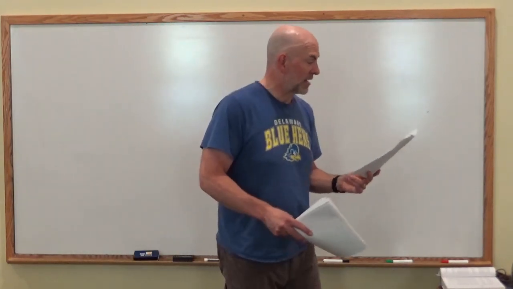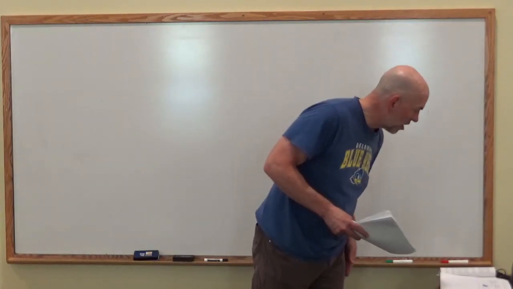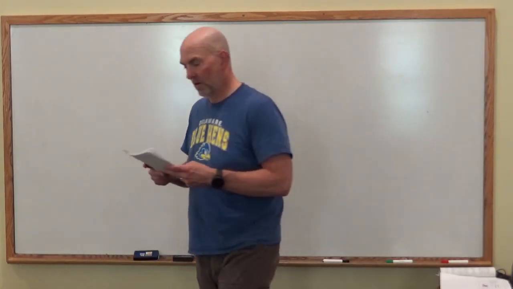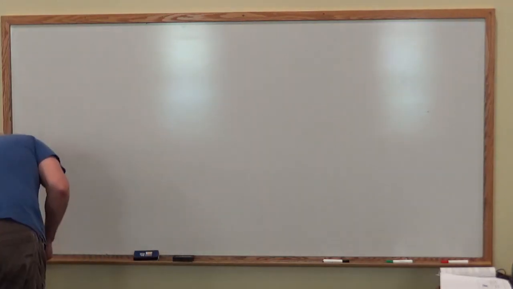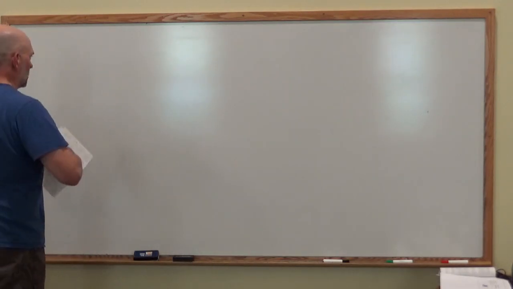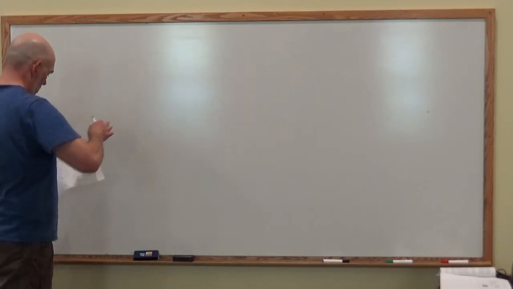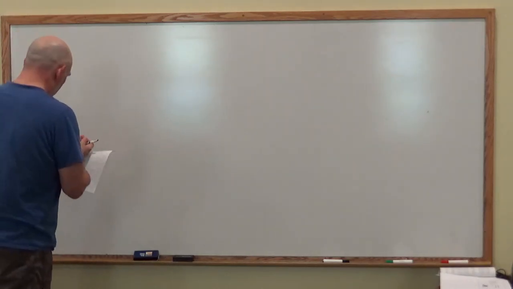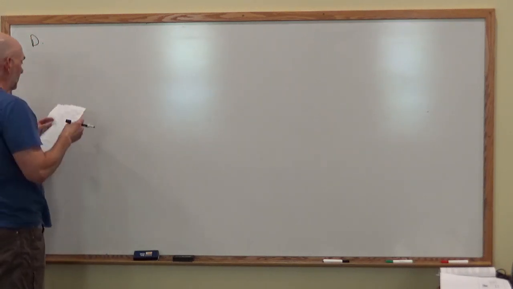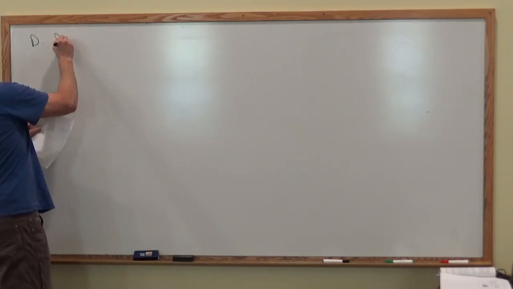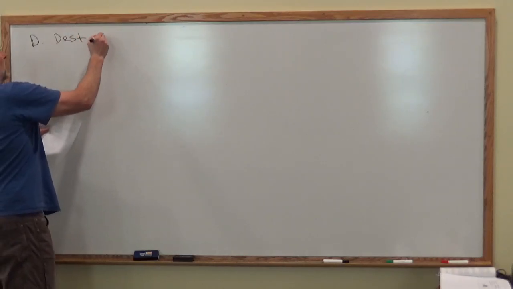Okay, let's talk about the chemistry. So we are under letter D. I'm not sure I'm going to fit this all on one board, but I might try actually. So D, destruction of ozone.